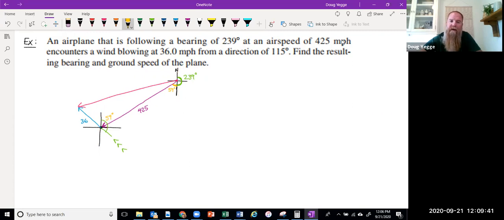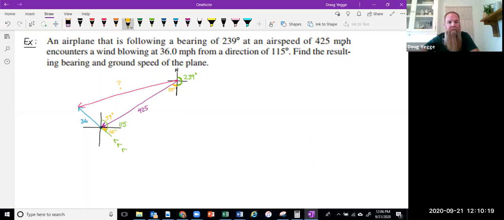And I know that that's what I need because I have two sides of my triangle, but no angles. And I'm trying to find this third side, so I obviously am going to need to use the law of sines or the law of cosines. And so in order to do so, I need to have an angle. And so now let's take a look at the fact that this whole angle is 115 degrees. So that means that this little angle right down here, since the first quadrant is 90 degrees, this must be an additional 25 degrees.